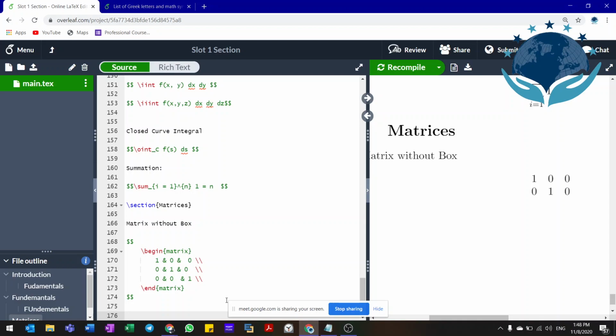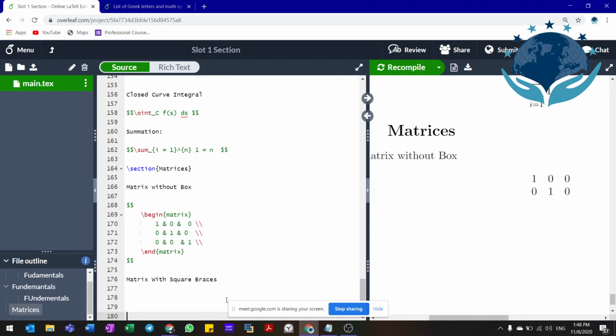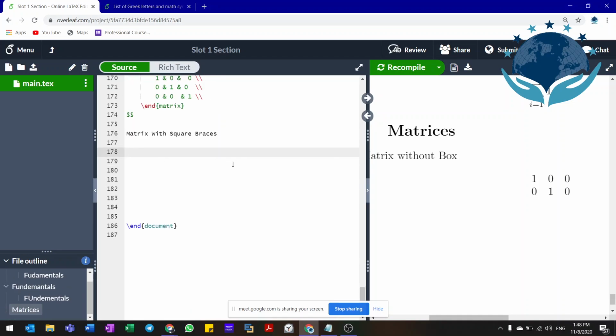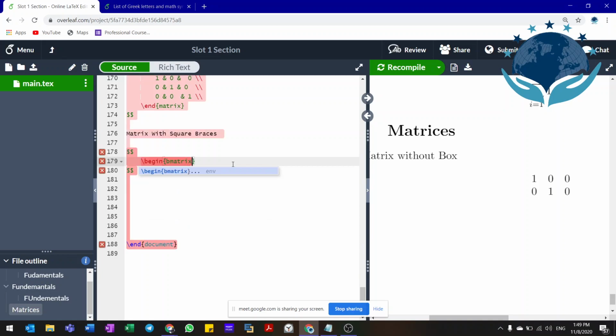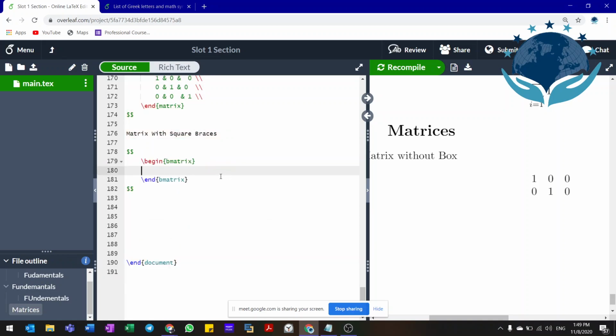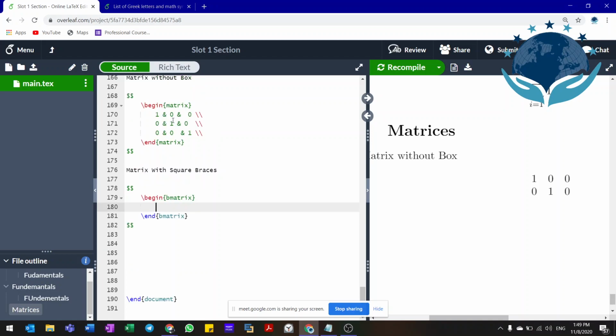The next thing is going to be the matrix with square brackets, or square braces. For that, we can use again the double dollar symbol. For easy explanation, I'm using this begin. For that matrix, you have to use the keyword called bmatrix. So for the matrix with square braces, you have to use bmatrix. The arrangement is the same as we have seen previously.